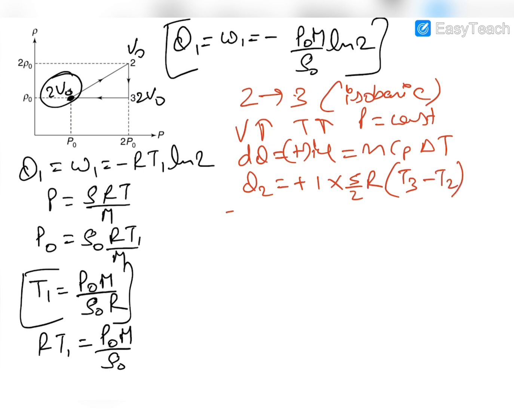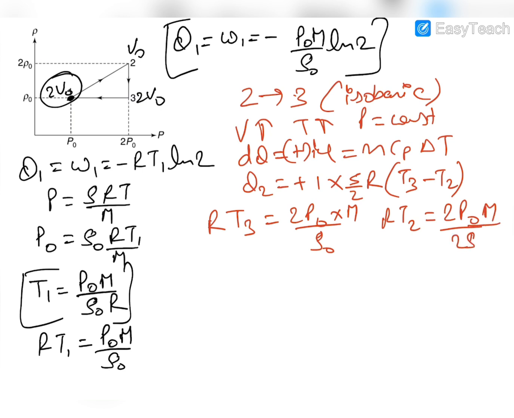Now R T3 will be equal to 2 P naught into M by rho naught, and R T2 will be equal to P naught M by rho naught, since the density is 2 rho naught at the other point.